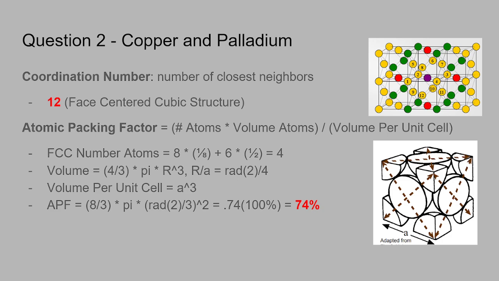The volume is 4/3 times pi times r cubed, and the relationship of r and a in face-centered cubic is r = a√2/4. The volume per unit cell is just the volume of a cube, a cubed. So the atomic packing factor would be 8/3 times pi times (√2/4) cubed, which is equal to 74%.